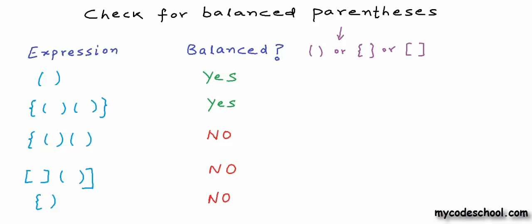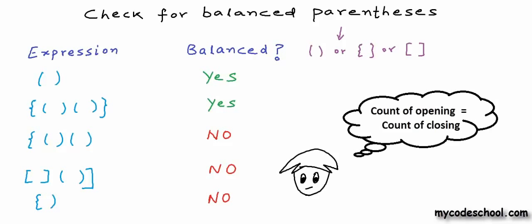One straightforward thing that comes to mind is that because we should have a closing counterpart for an opening parenthesis or opening curly brace or opening square bracket, what we can do is we can count the number of opening and closing symbols for each of these three types, and they should be equal. So the number of opening parentheses should be equal to number of closing parentheses, and the number of opening curly braces should be equal to number of closing curly braces, and same should be true for square brackets as well.